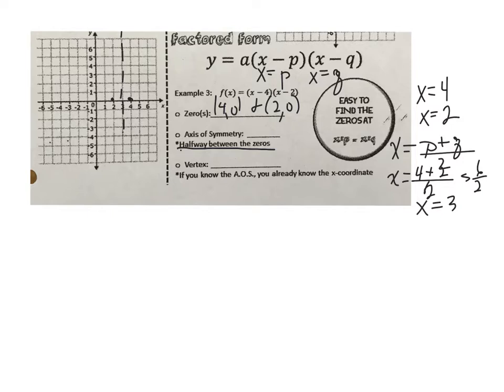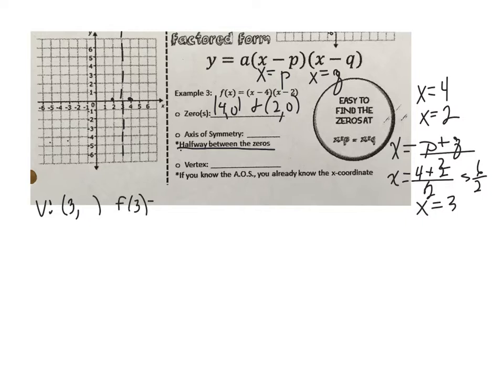Now you can't just go in there and put what you think would be the vertex. You have to go find that vertex. How do you find the vertex? You plug your x value into the place of x and solve for y. If I know my axis of symmetry is x equals 3, I know my vertex is going to be (3, something). And that something we're going to figure out when we plug 3 in the place of x.